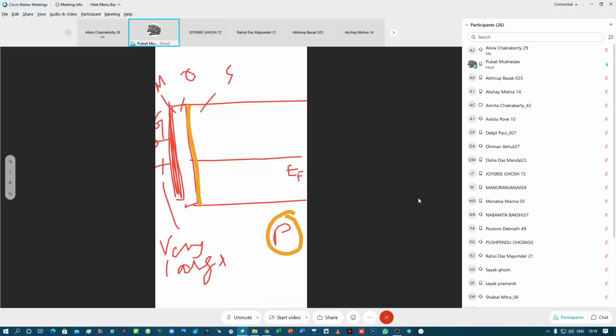So what is going to happen? There will be large bending of the conduction band, and conduction band will try to move to the extrinsic Fermi energy level. This is your EC. Fine. Similarly, the valence band will move very much away from the extrinsic Fermi energy level when you come to the interface. Fine.